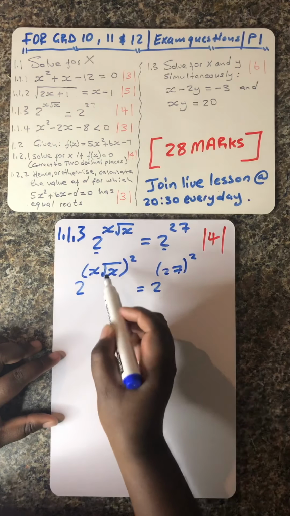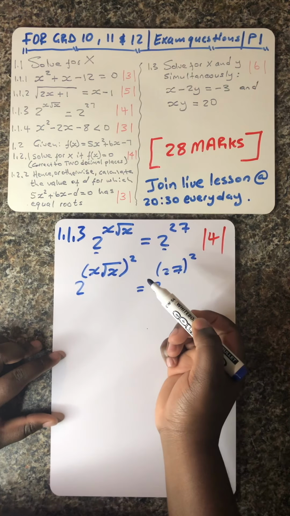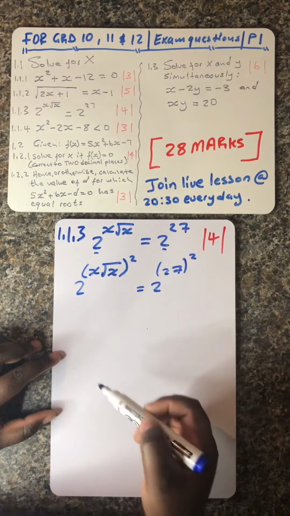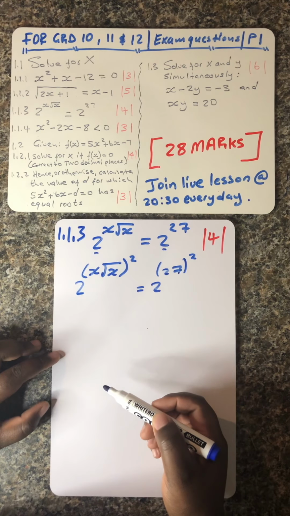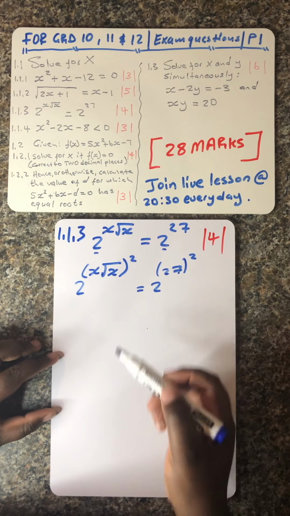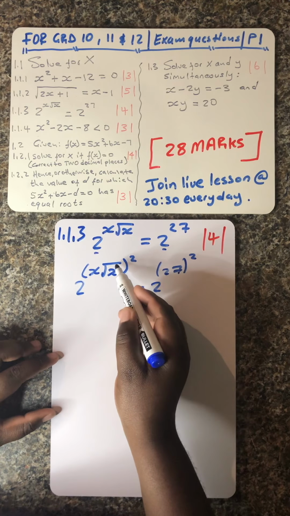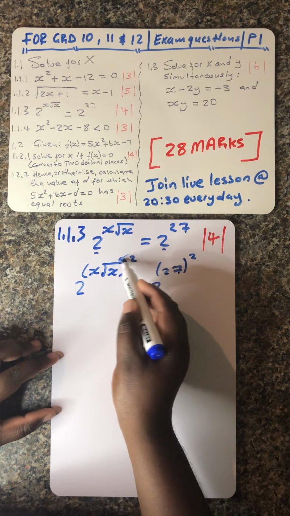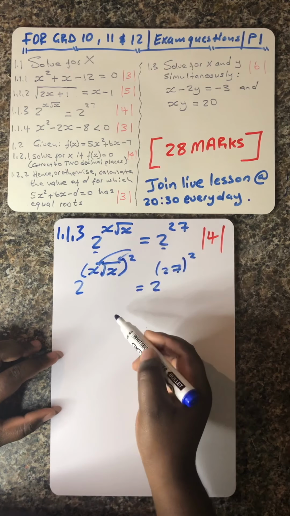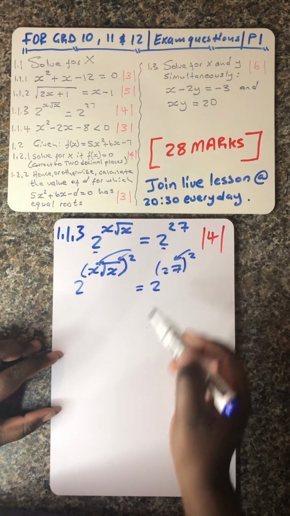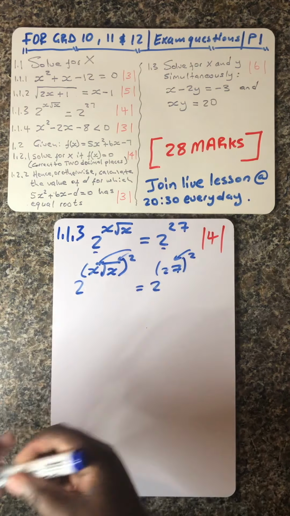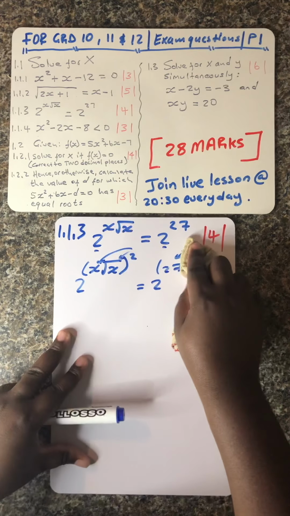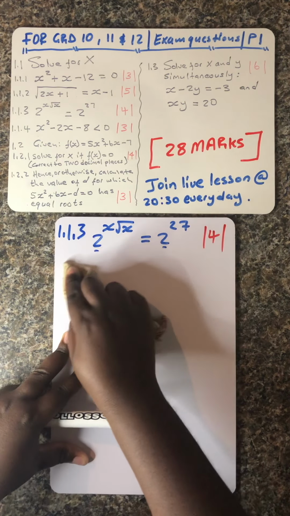So guys, remember, with the previous question I've just shown you how to remove the square root. So when you remove the square root, you can just introduce a square, and it will square that, and it will also square that too. So that means you'll have to square 27. Okay, so that is another way in which you can approach this question.